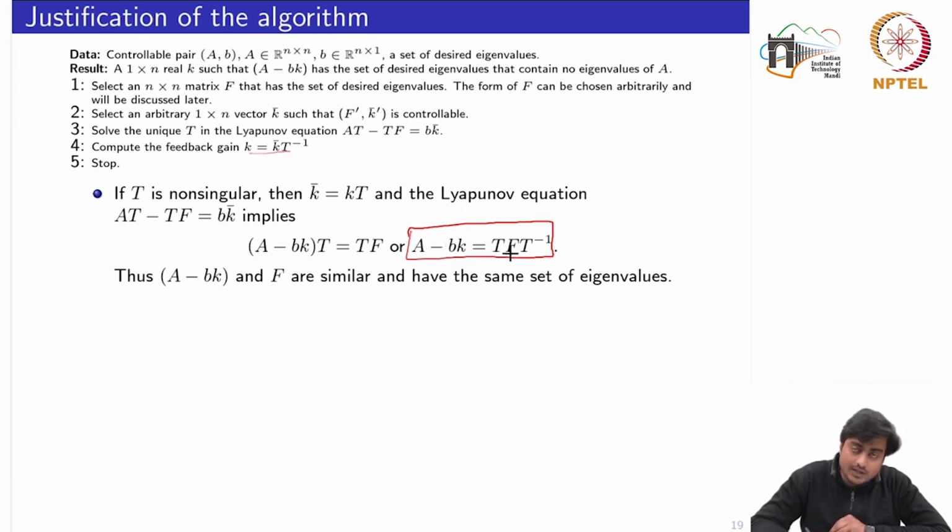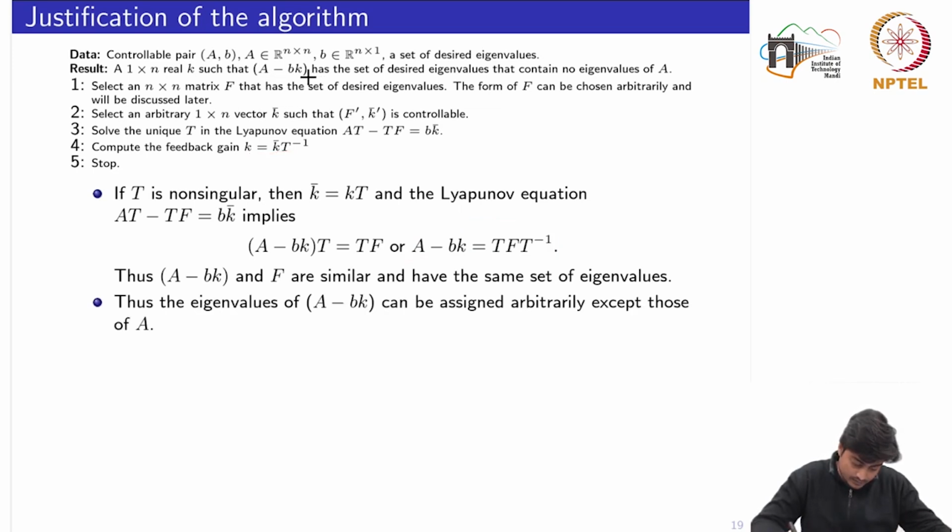So whatever eigenvalues we specify in the matrix F, they would definitely be those of the matrix A minus Bk, and this is what we expect as the result of this algorithm. Thus the eigenvalues of this matrix A minus Bk can be assigned arbitrarily, except those of A as well.